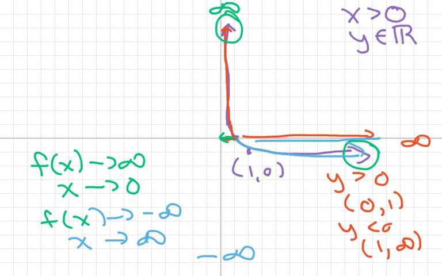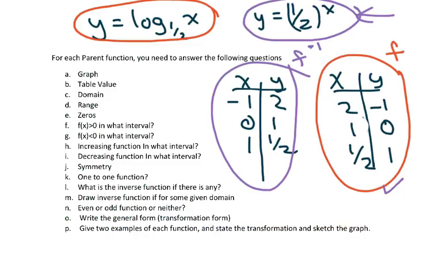And of course the inverse is just y equals 1/2 to the x. Not squared, but to the x. So I'm going to graph that one, 1/2 to the x. Remember, if you look at your table, it's this one. -1 goes to 2, 0 goes to 1, and 1 goes to 1/2.